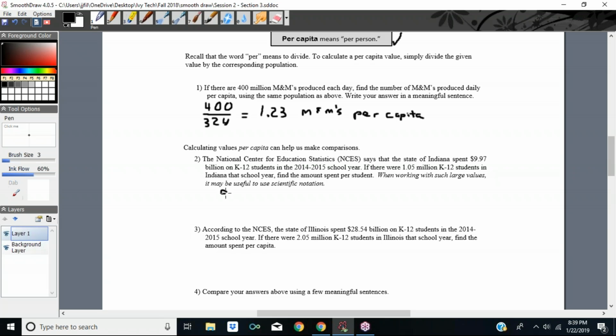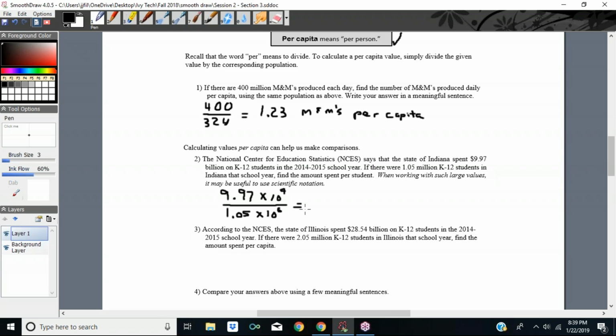So we're doing dollars per student: 9.97, and this is billion, so it's times 10 to the 9th. Per means divide by the number of students. 1.05 million is times 10 to the 6th.